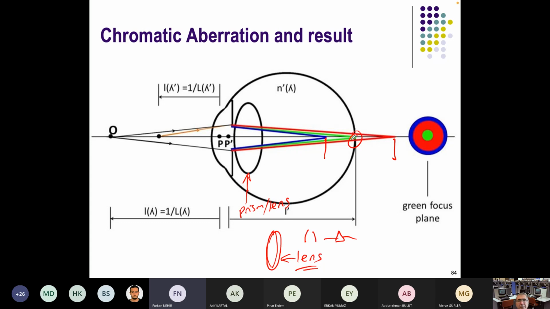But when you are sending different wavelengths, the eye will focus on the most dominant one. But as the color changes, you have to reposition your lens.